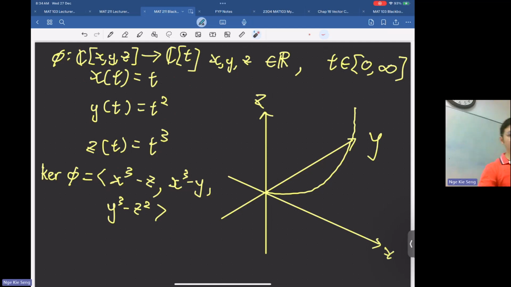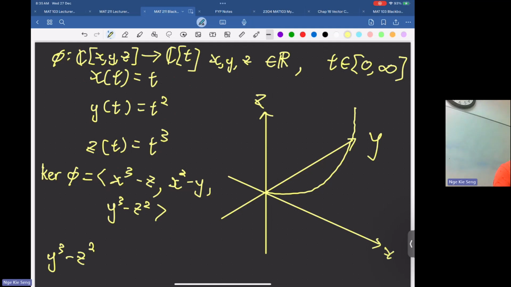In fact, we did this yesterday. I was stuck for quite long. Instead, you can do this. You can go and check that y cubed minus z squared you can write as a linear combination of x cubed minus z and x squared minus y.